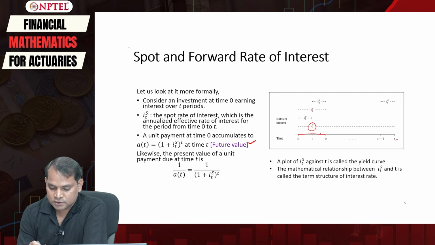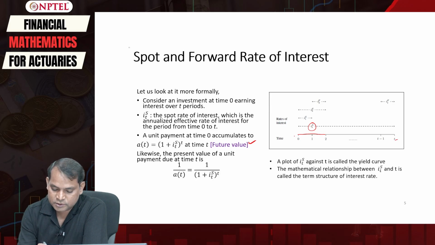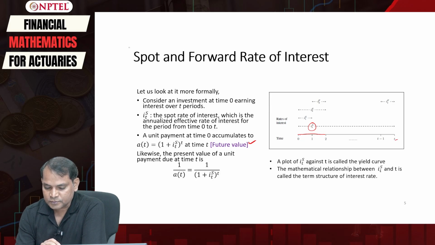Similarly, the t-period spot rate is from 0 to t. This is what is mentioned here. On the other hand, the forward rate is where the deal is made today, but the transaction will take place, let's say, in the period between 1 and 2 here.